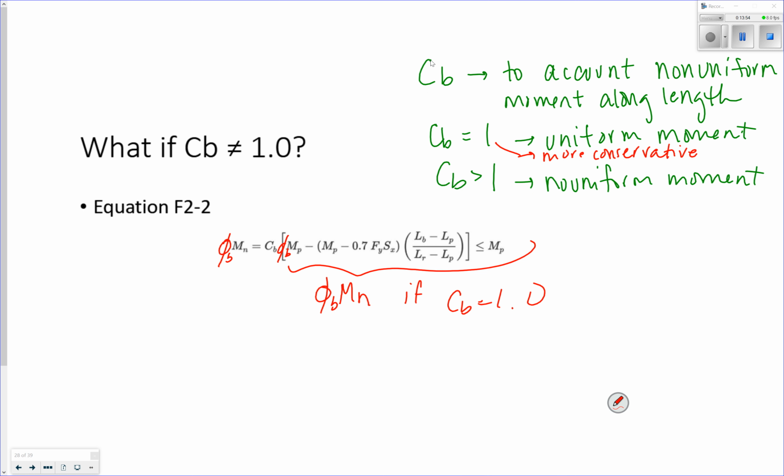So basically, the design tables give me phi b Mn assuming Cb is equal to 1.